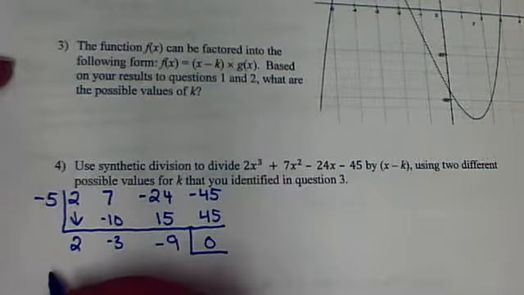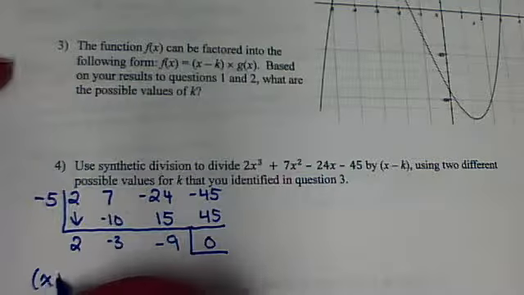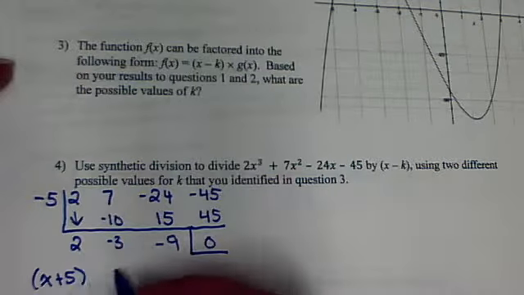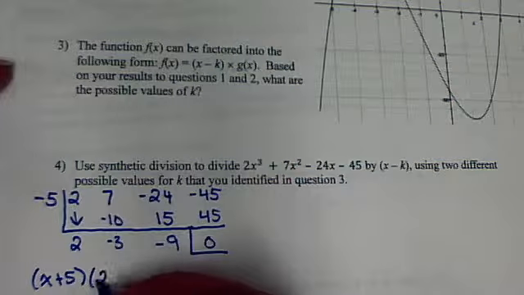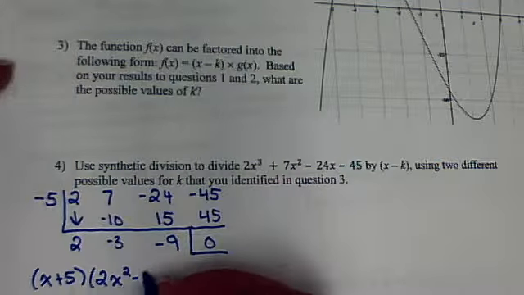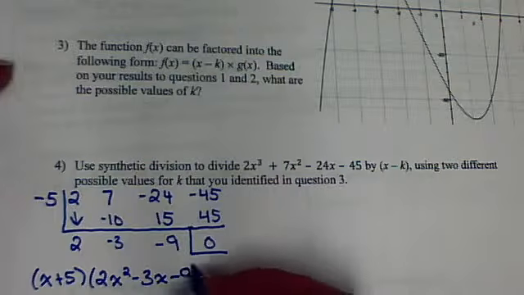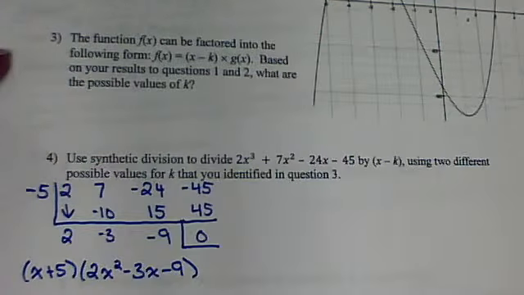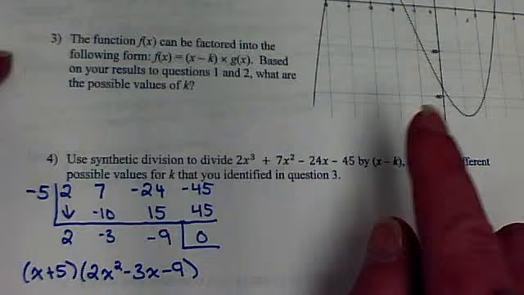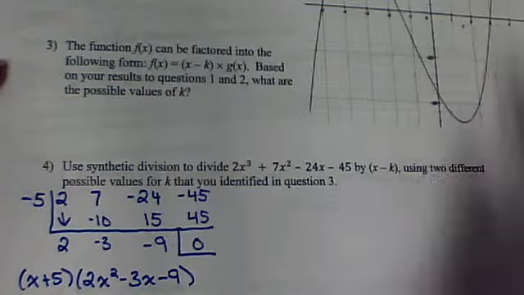So that means I have x plus 5 as a factor, and then this would be what multiplies by x plus 5 to get my original back. That's 2x squared minus 3x minus 9. Now let's see if it works with, what did we also see? I believe 3 is a possible one.